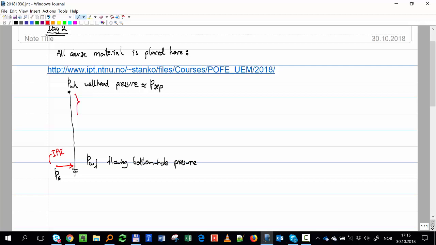And then we have to use another equation, which is called TPR, tubing performance relationship. Okay? And we know how they look. One looks like that, one looks like that, and then I have my intersection. But we have to know where these equations come from.